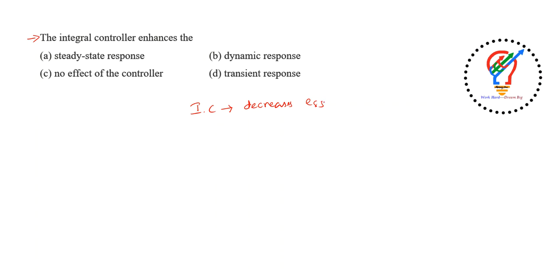Hence it is going to improve the steady state stability, since steady state stability is inversely proportional to ESS. So the answer is that it improves or enhances the steady state response, and it reduces the steady state error also.